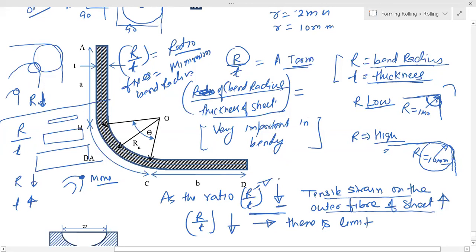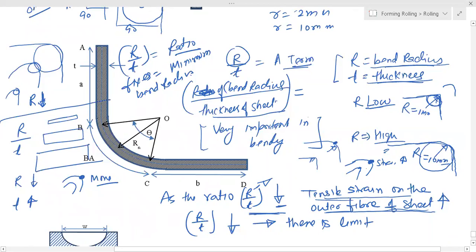Once R decreases, the bend will be sharp, so the tensile strain on the outer fiber of the sheet increases. When strain increases, there will be some yield point, and finally there will be failure.